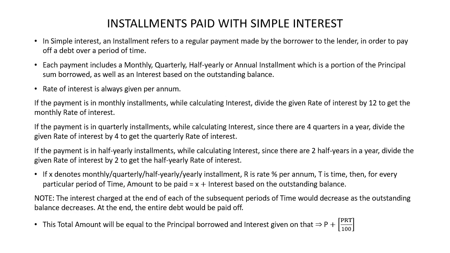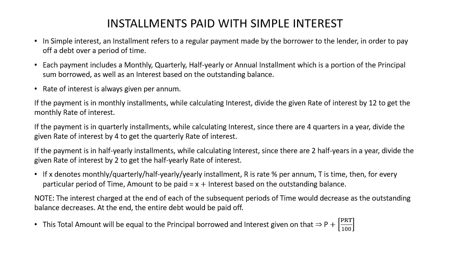So, now if X denotes monthly or quarterly or half yearly or yearly installment, and R is rate percent per annum and T is the time, then for every particular period of time, the amount to be paid is equal to X plus interest based on the outstanding balance.